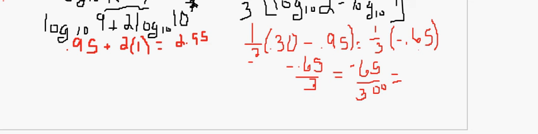If you divide them both by 5, I believe it would be negative 13 over 60. Negative 13 over 60. And that is reduced form.